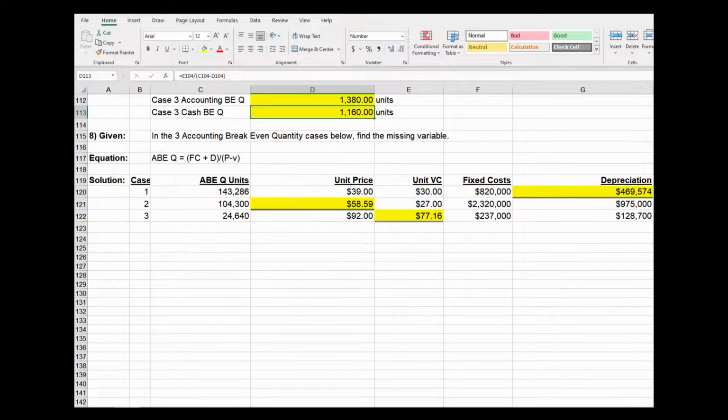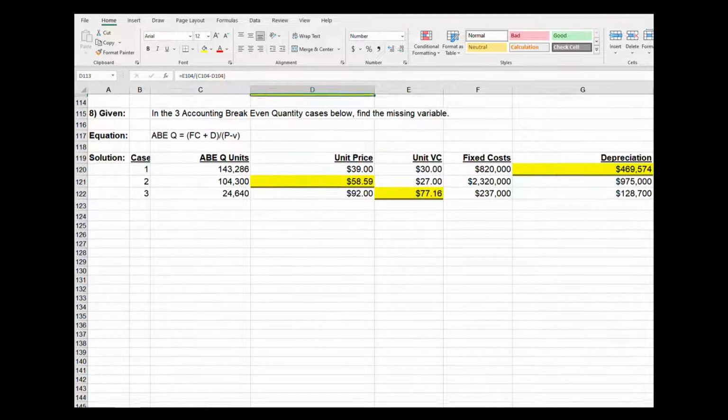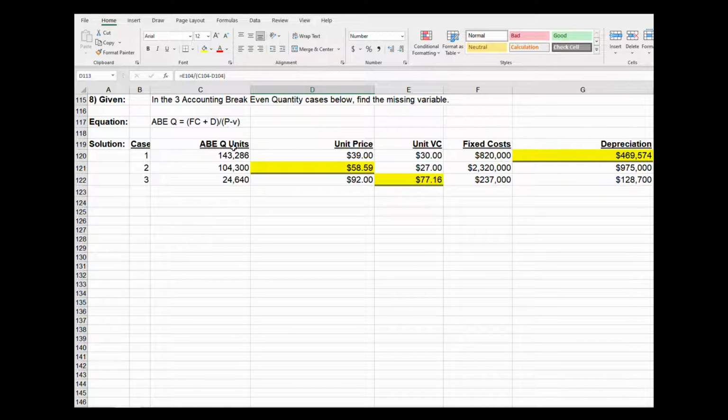And finally, for problem 11.8, we have some new quantities, new unit prices, new unit variable costs, new fixed costs, new depreciation numbers. In case 1, they want you to find the depreciation. So basically you solve the accounting break-even quantity for depreciation and you get $469,574.